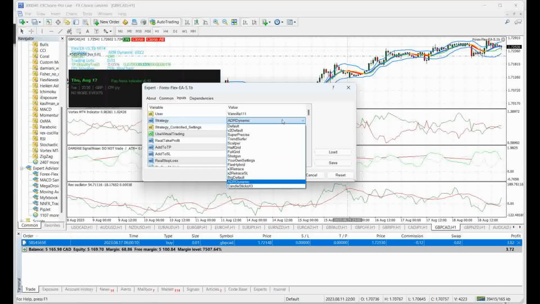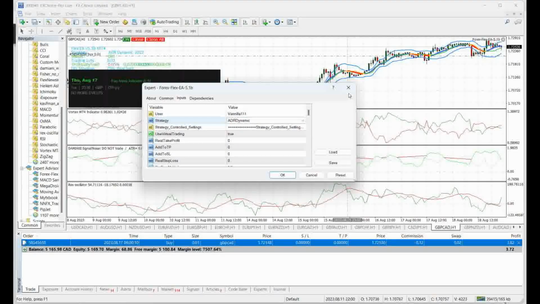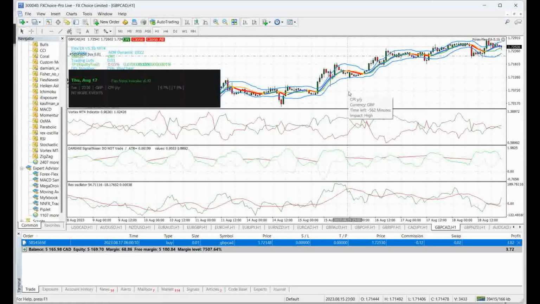You can use the default, you can use trend surfer, you can scalp, you can do grid trading, shotgun, whatever. And I've used ADR dynamic just because I like using the ADR to calculate my trailing stop loss and whatnot. It uses virtual trading as well, and the problem with virtual trading is that you can't actually backtest it.